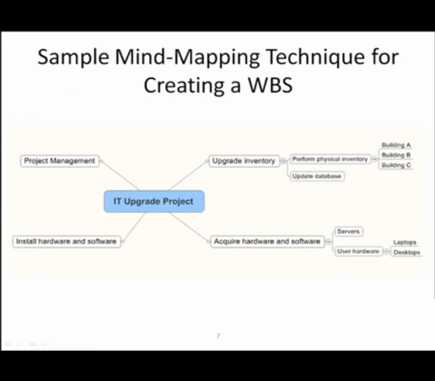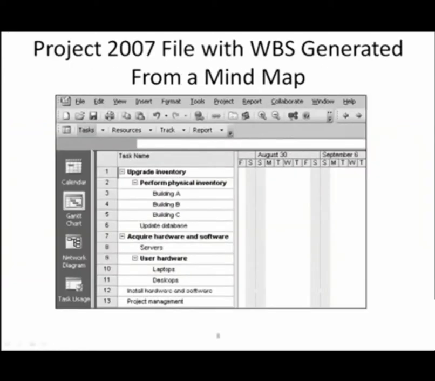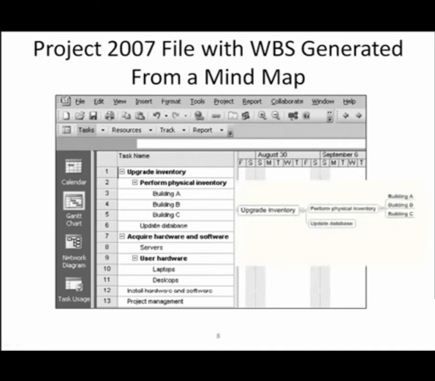Let's look at this same work breakdown structure of this IT project in the work breakdown structure generated from the mind map. This is what you would use with that particular software. You notice the same information is still there. Let's compare the two.